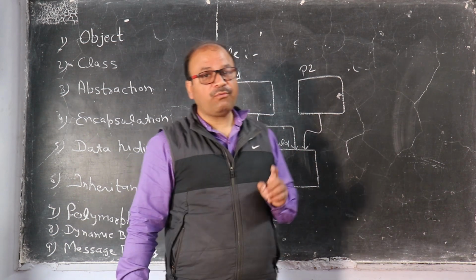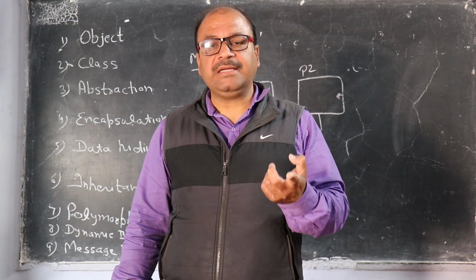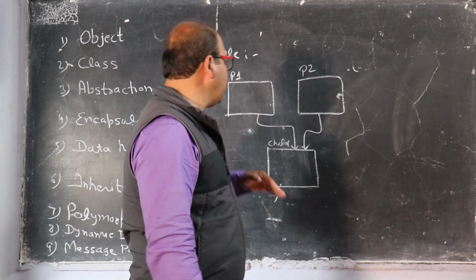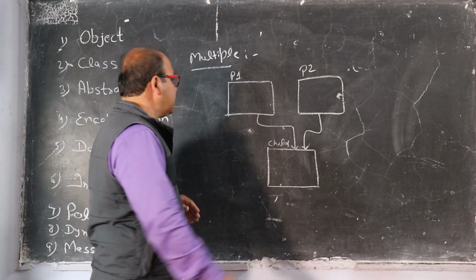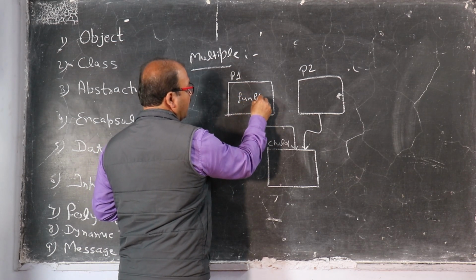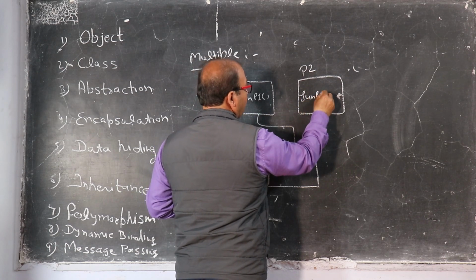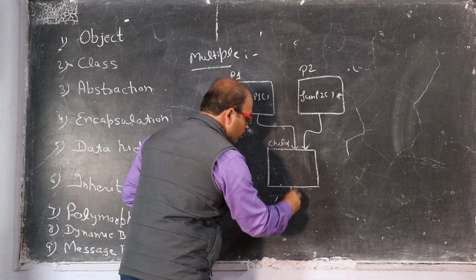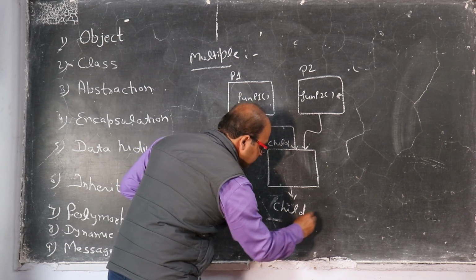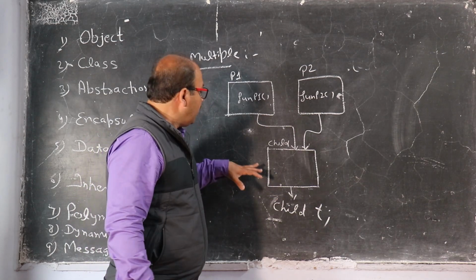When the property of two or more than two base classes is acquired by its child class, this is called multiple inheritance. Means if there is function P1 here and there is function P2 here, and this is child class, this is object T of class child.